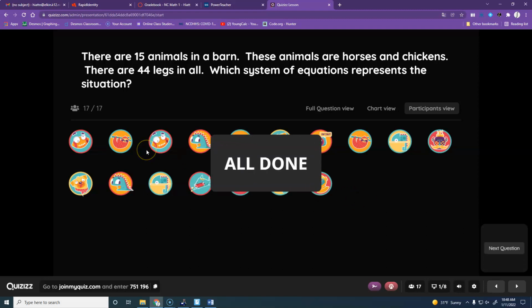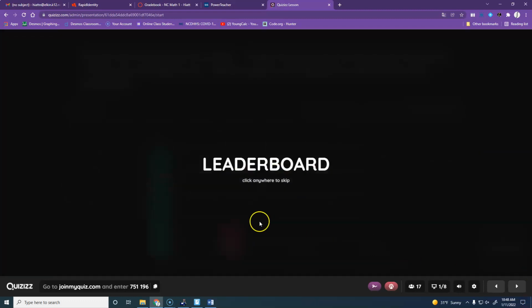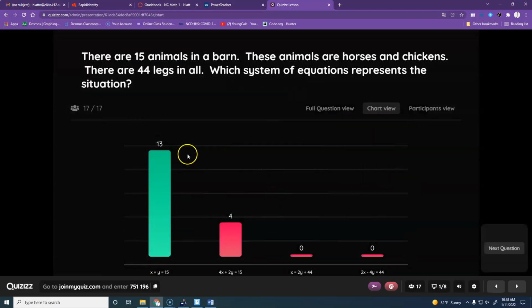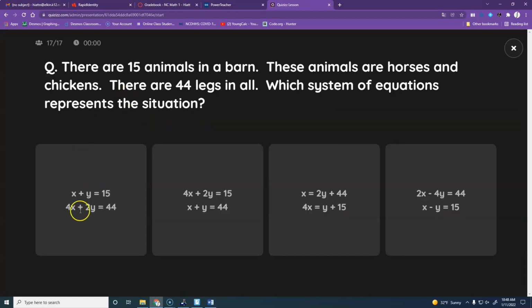All right, let's see how we did. Easton, Katie, Ayla. All right, so the correct answer, it looks like nobody chose the last two, but the correct answer was this first one right here. X plus Y is 15 because X is your number of, in this case, horses because we see it next to the 4, and Y is your chickens.